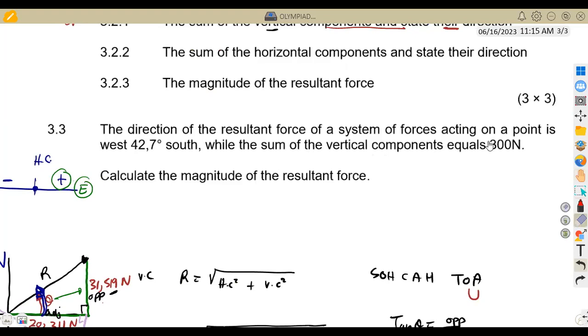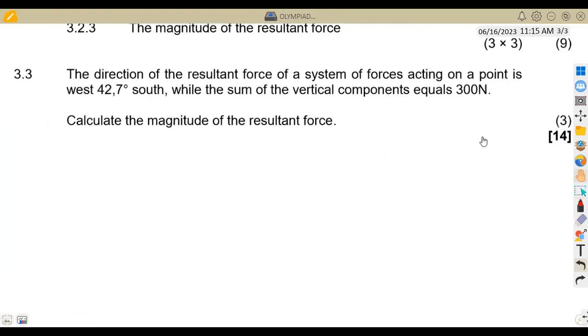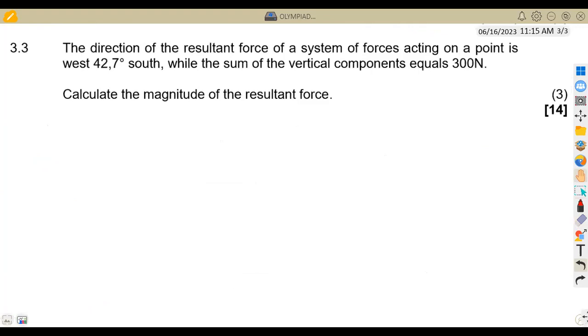We are given on question 3.3 that the direction of the resultant force of a system of forces acting on a point is west 42,7 degrees to the south. Take note, we are given the resultant, while the sum of the vertical components is 300 Newton. Calculate the magnitude of the resultant force.